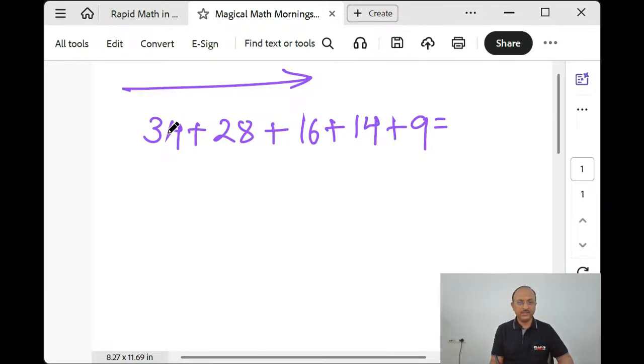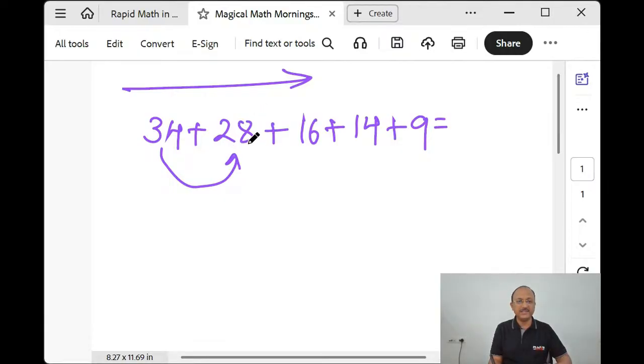What is there in 34? We'll add the tens here. Tens means 20 are there, 2 into 10 is 20. So 44, 54 in mind. First, go through this step by step. Later on, I will tell you how to squeeze the time and directly visualize the answer. This is the methodology. 34, 44, 54.